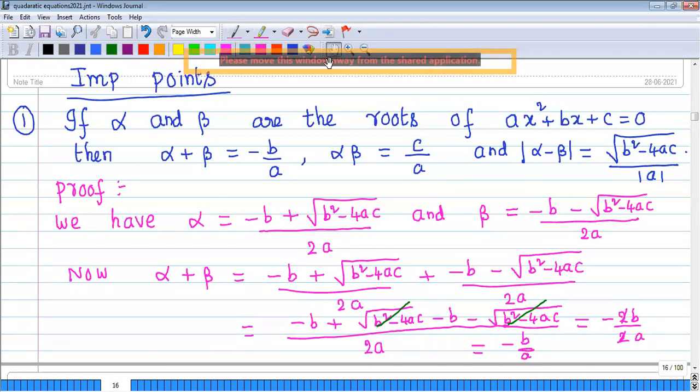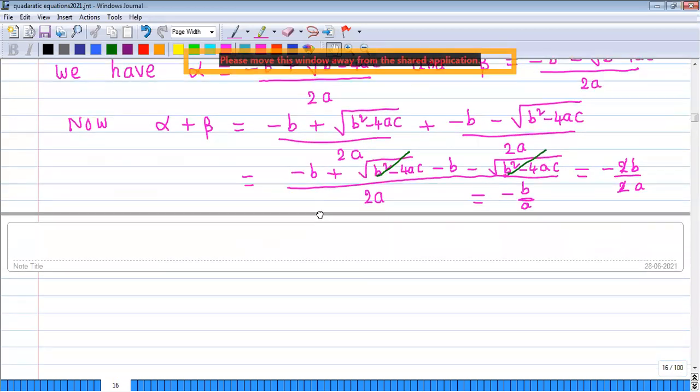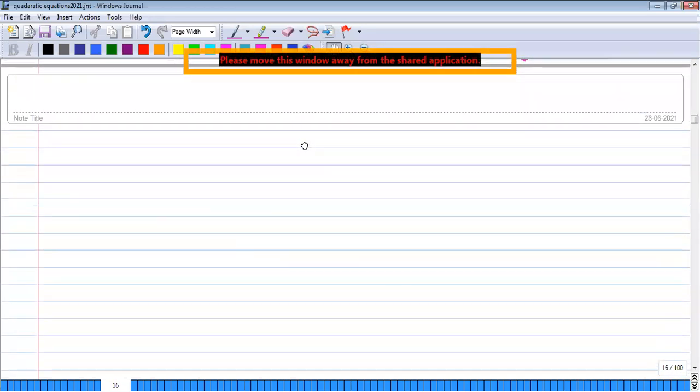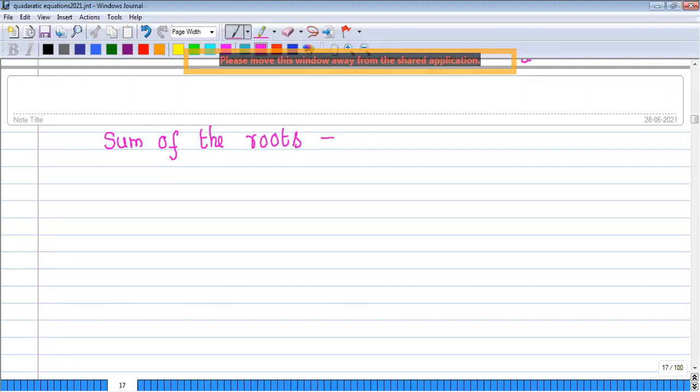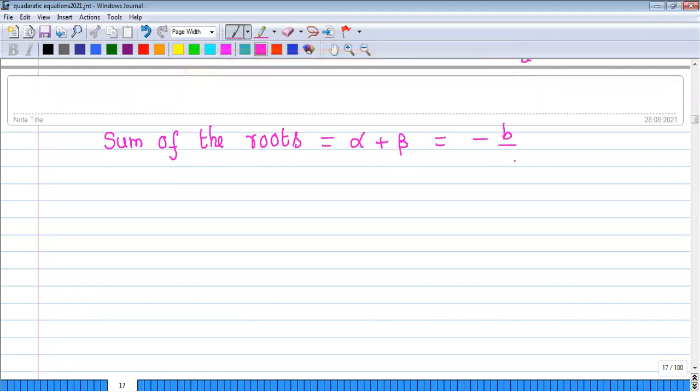Yes, sir. So now it can be formulated like this. Sum of the roots equals alpha plus beta equals minus b upon a.